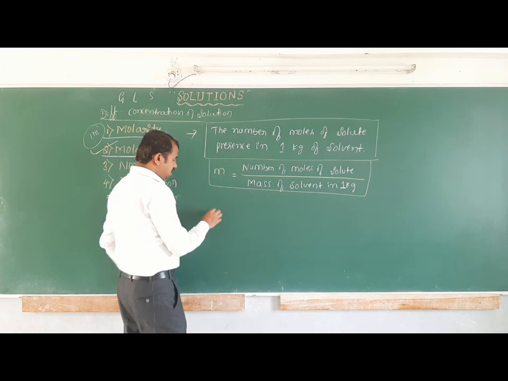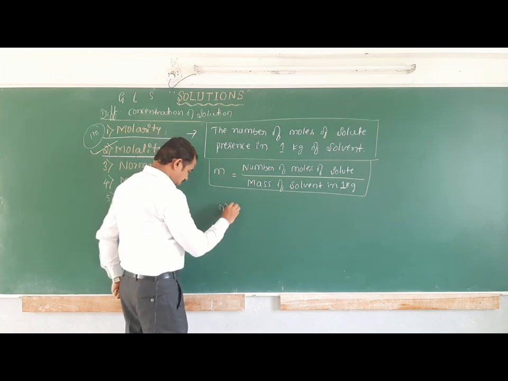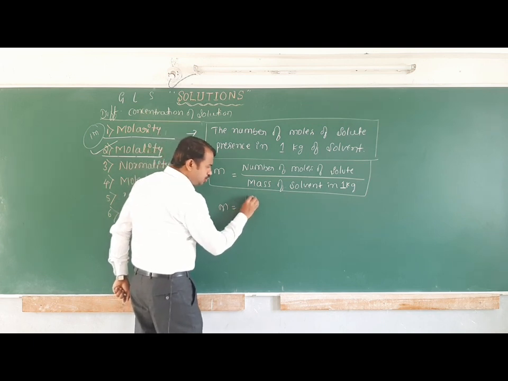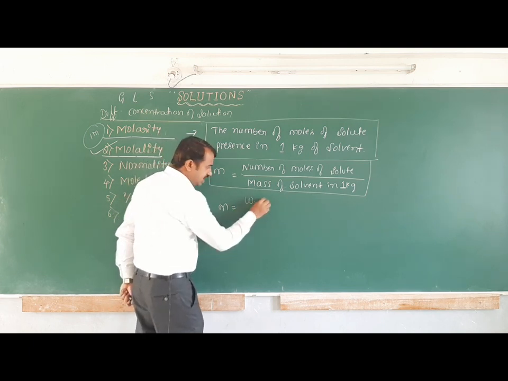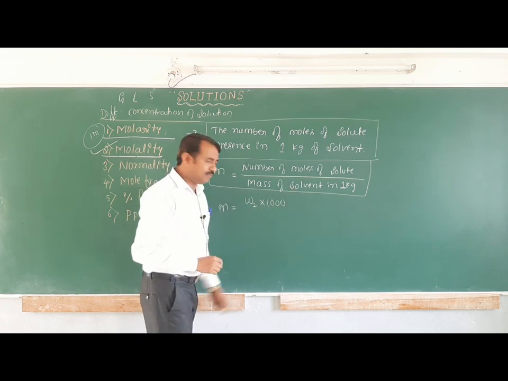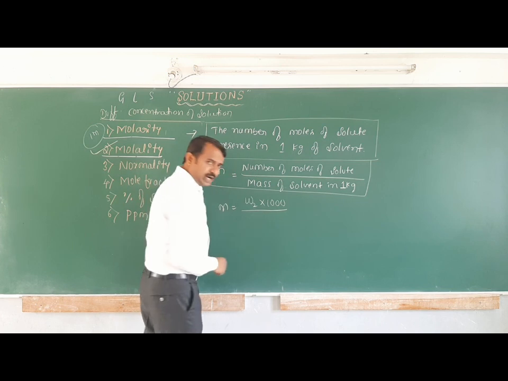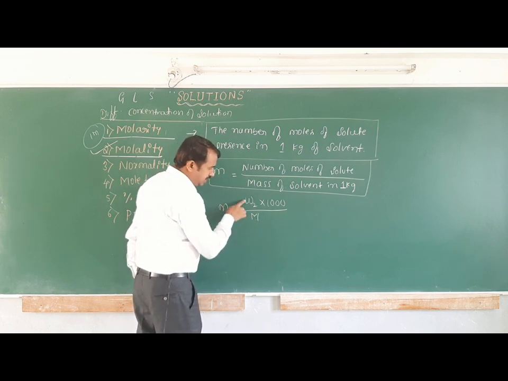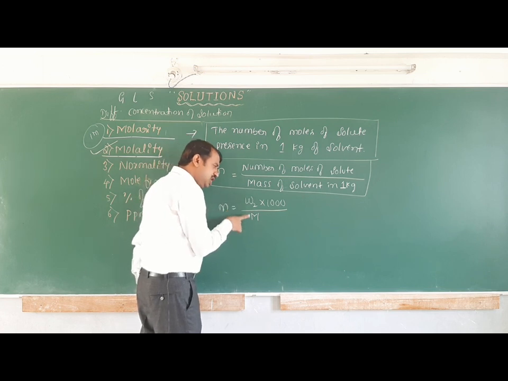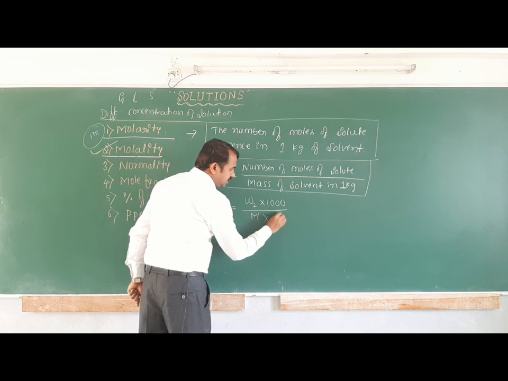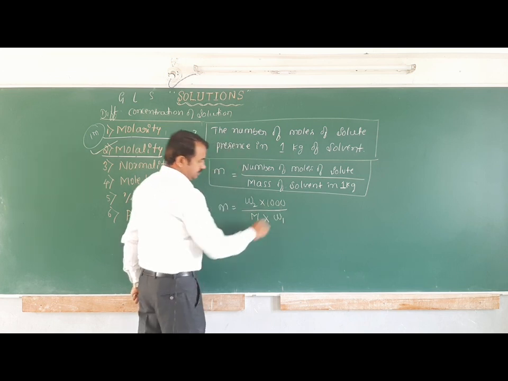Coming to the formula, m equals W2 is the weight of solute, times 1000, since 1 kg means 1000 gram, divided by M, the molecular weight of solute, into W1.